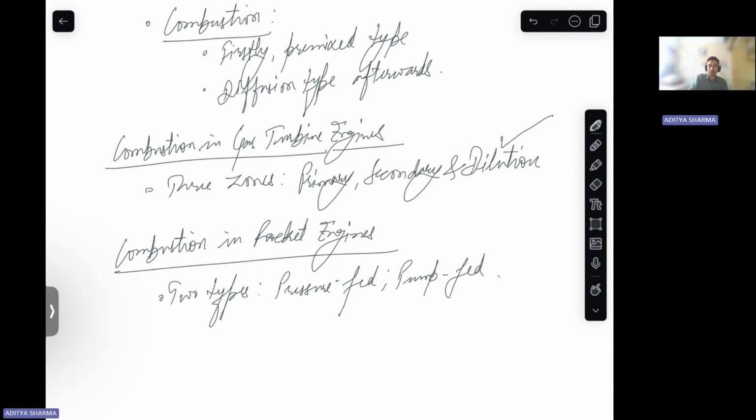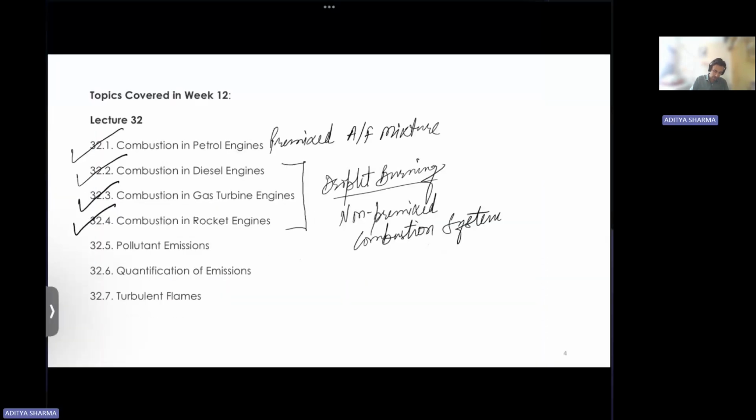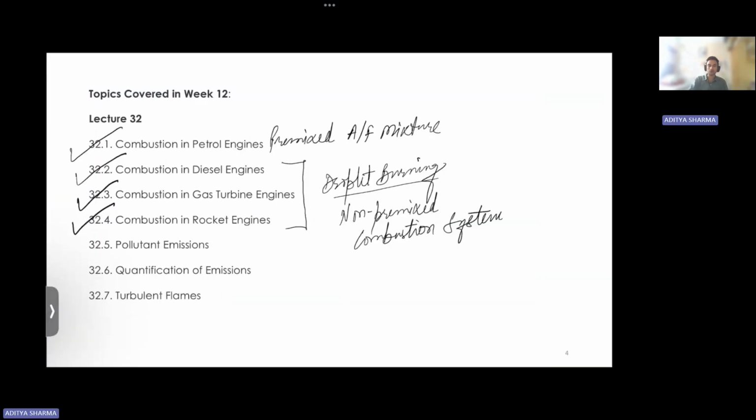That type of analysis is also useful here. So this is combustion in rocket engines.